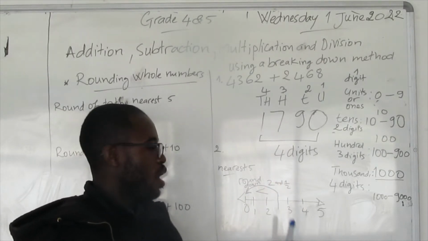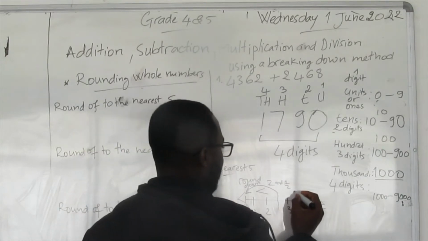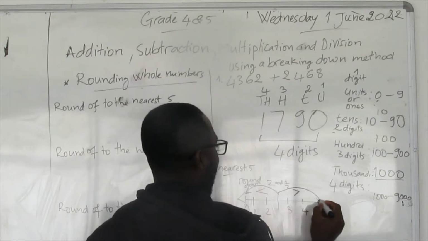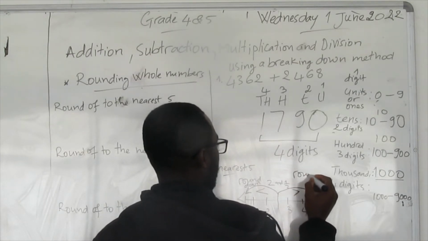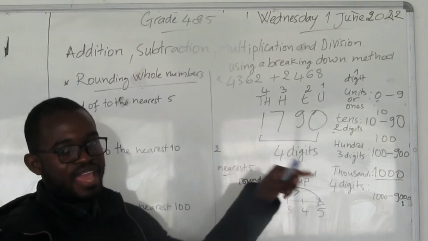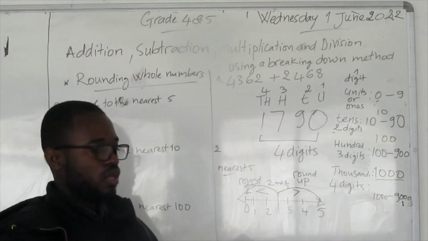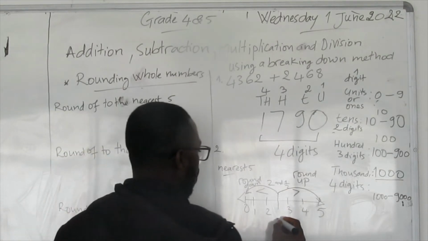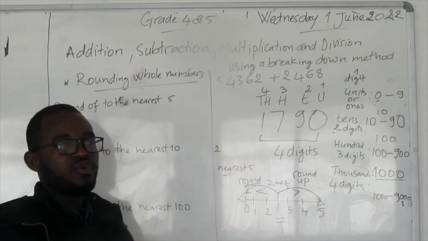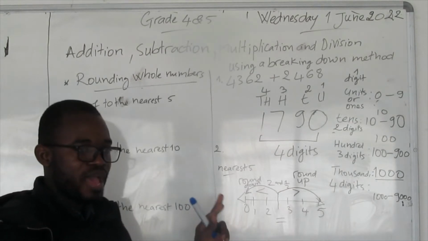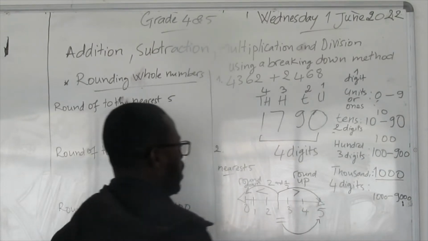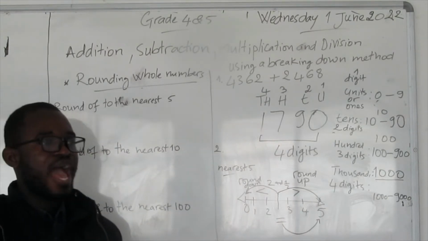If it's more than, we do what? We round up to the next 5. Then if it's equal to our middle or half, we round up as well, to the next 5.